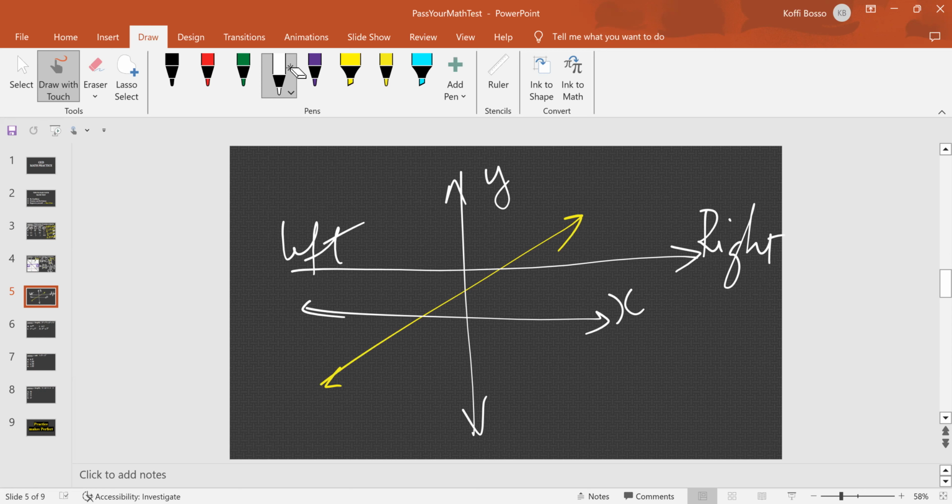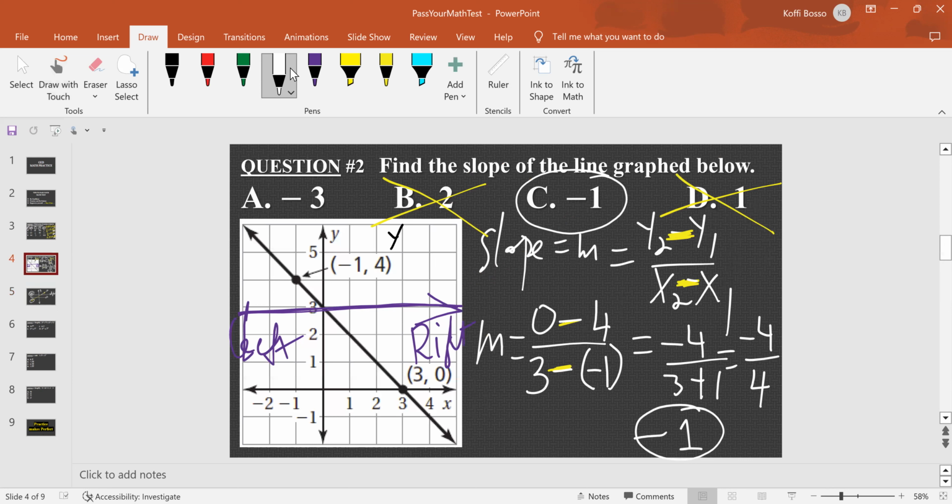And doing that, you see that on the left side, the graph is below the horizontal line you just drew. And on the right side, the graph is above the horizontal line. So it's increasing here. So below, above, is increasing from left to right. Now, above and below is decreasing and the slope will be negative. I spent many minutes on this because it's very important and will help you to solve any slope questions.